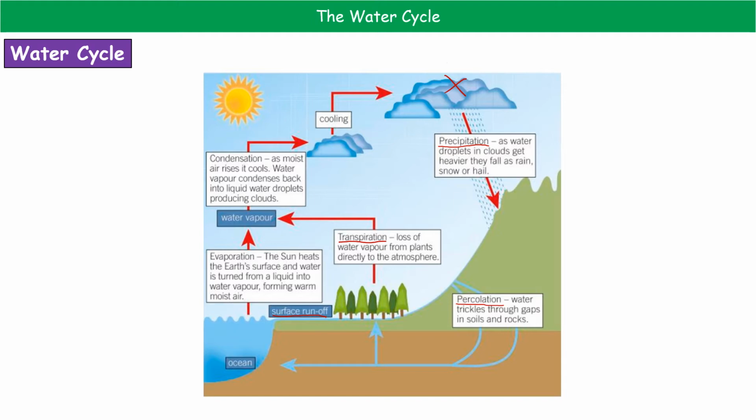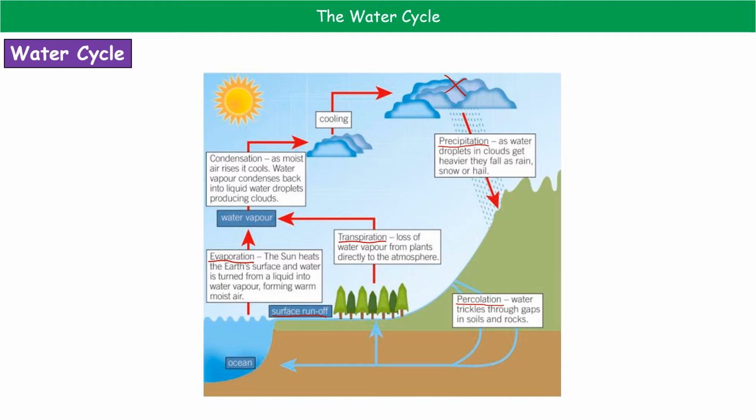If we end up in the oceans, then we have evaporation taking place. So the sun is going to heat up the surface, and as a result of that, water changes from liquid into water vapour, the gas form, and then it will rise up. So basically transpiration and evaporation both generate water vapour.